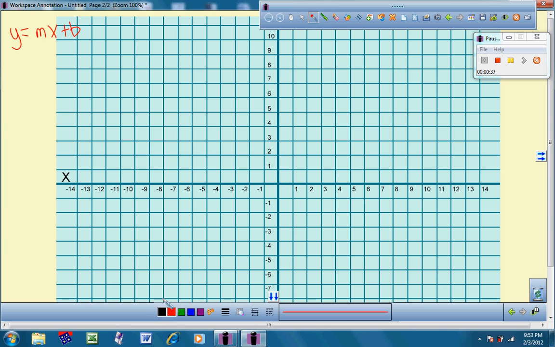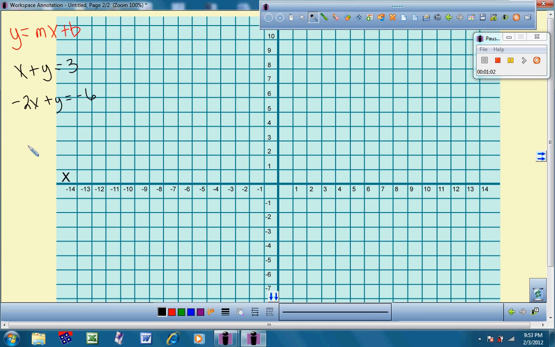You will be given two equations. For example, x plus y equals 3, and negative 2x plus y equals negative 6. We're going to go ahead and change both of these equations so they look like slope-intercept form.